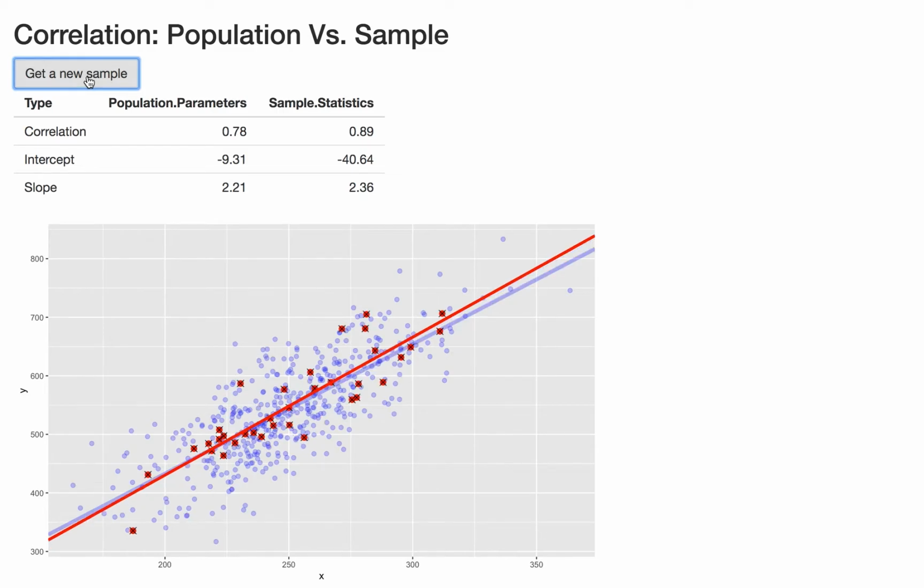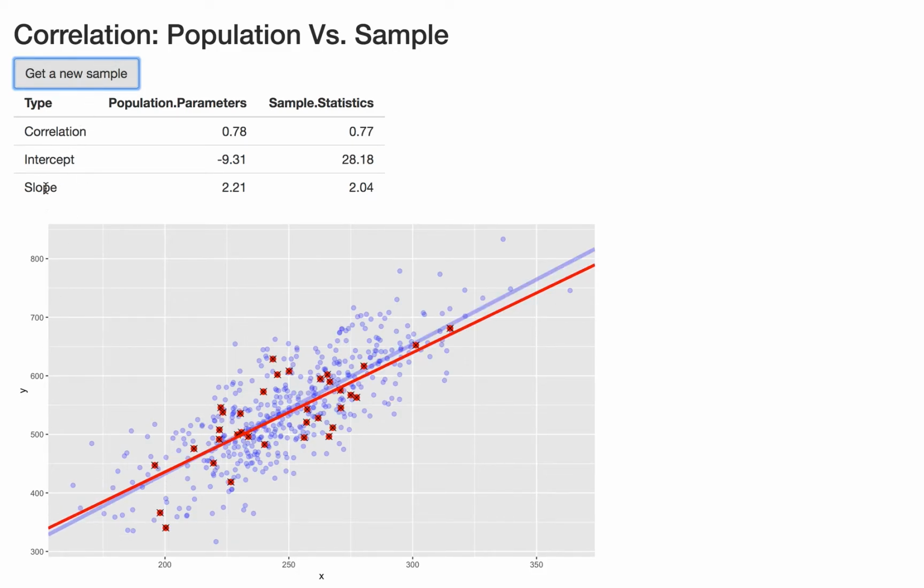But now we're going to extend this to something even more. We're going to extend this to looking at inference for both the intercept, which is where this red line intersects the y-axis, and more importantly, the slope term, which is the slope of the red line, the regression line based from the sample.